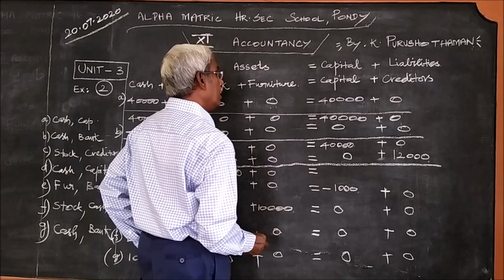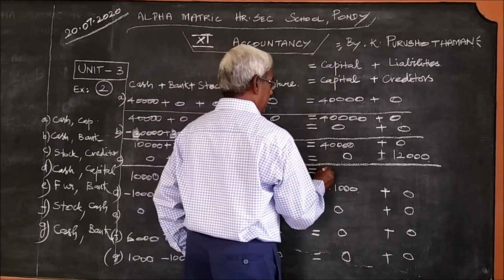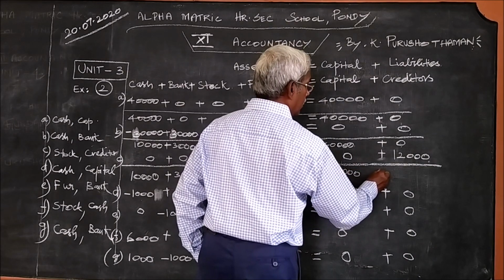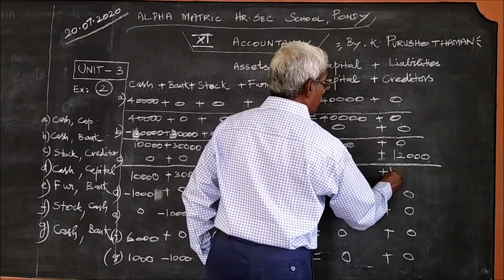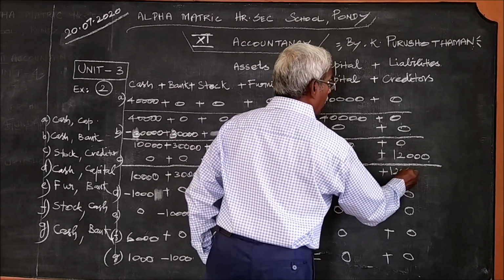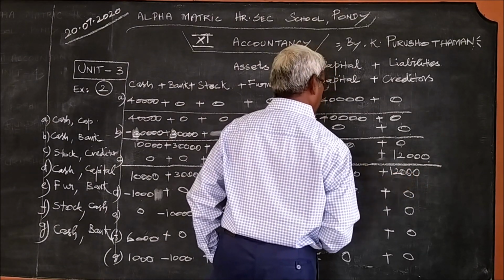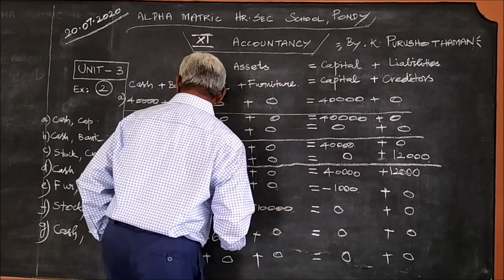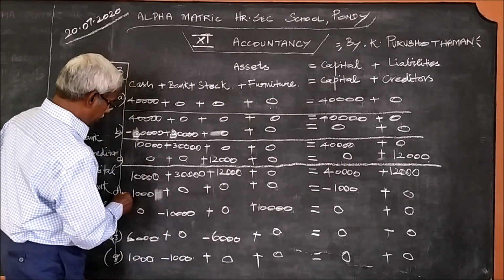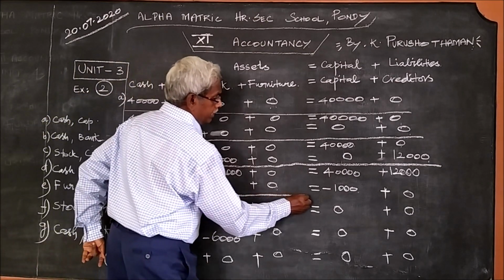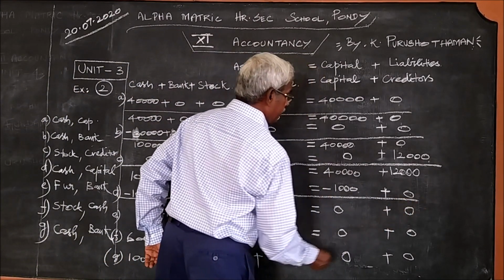Find the total now on the right hand side. 40,000 plus 0, 40,000. 0 plus 12,000, 12,000. Yes, now we can find the next date. Like this we must add and write, add and write, add and write for every step.